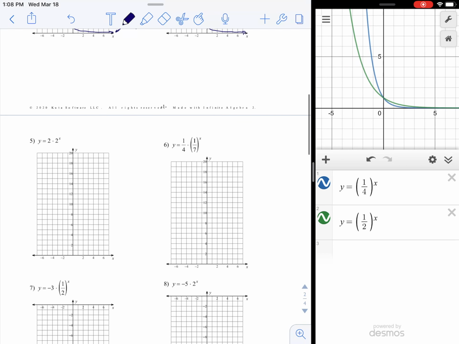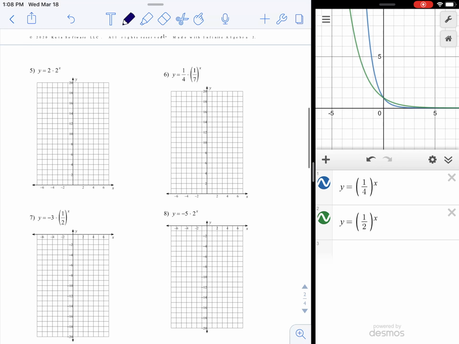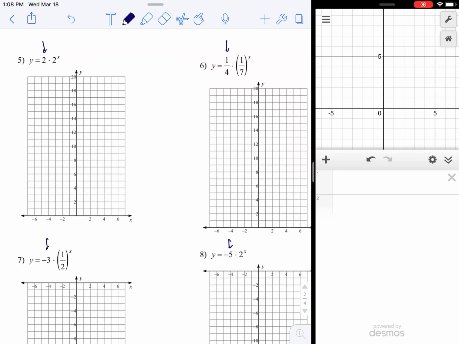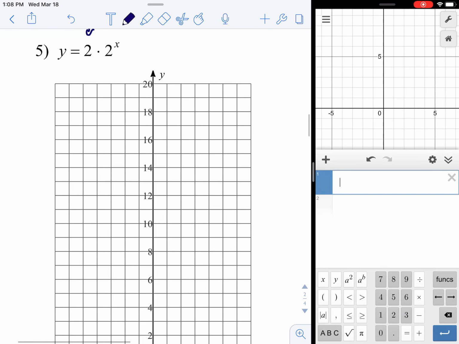As we move along, we're going to now see what happens if you stick a number in front of each one. What happens if it's a positive number, a negative number, a fraction, that kind of thing. When you multiply something by a number, it's often called a coefficient. So in number 5, it's basically your y equals 2 raised to the x power graph, but there's an additional 2 multiplied in front.